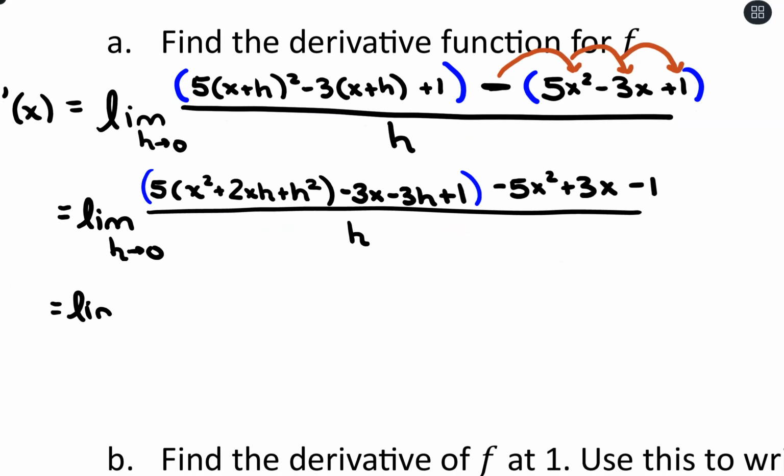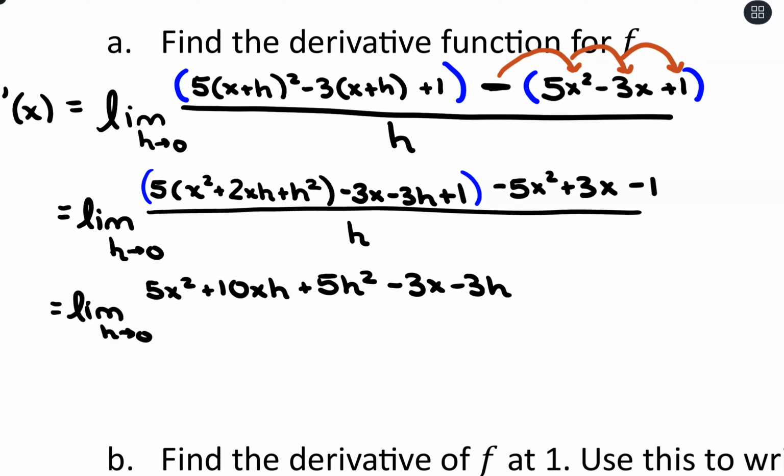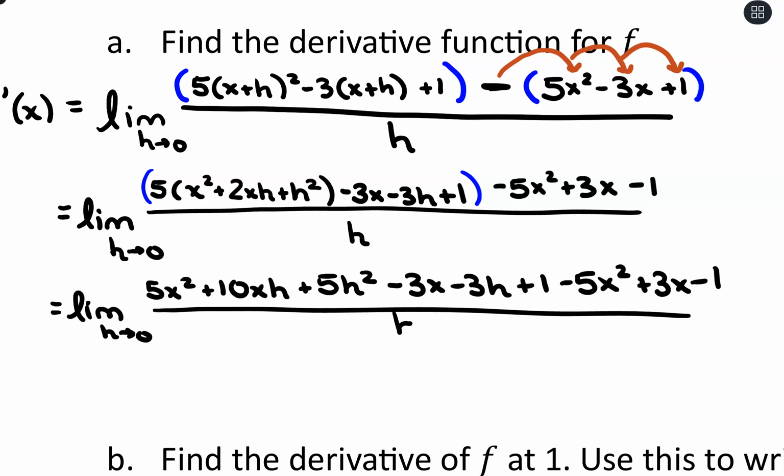Okay, we're getting there, and we'll get some cancellations coming through. So let's see, distributing the 5, so 5x squared plus 10xh plus 5h squared. And then we'll have a minus 3x minus 3h plus 1 minus 5x squared plus 3x minus 1 all over h.